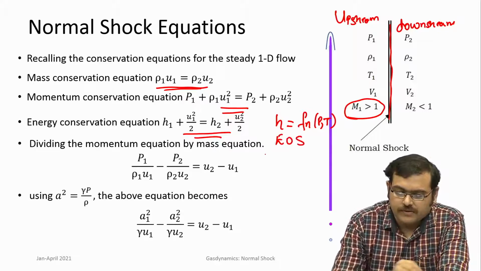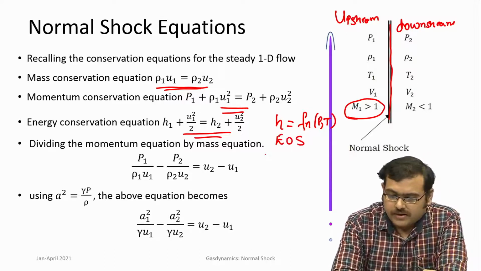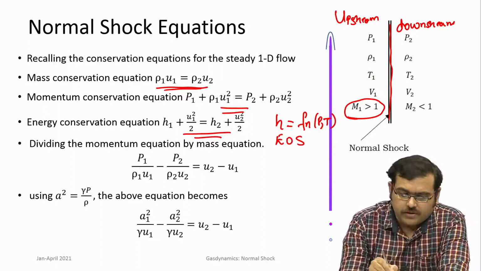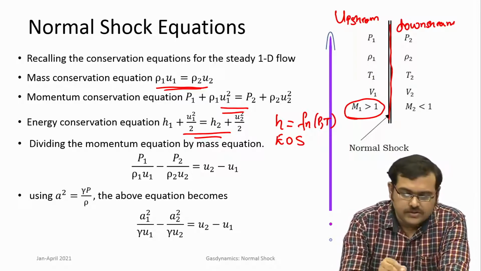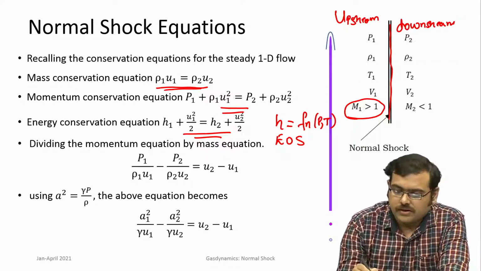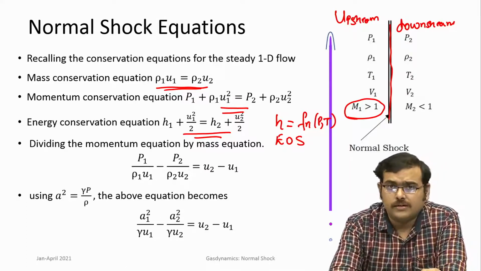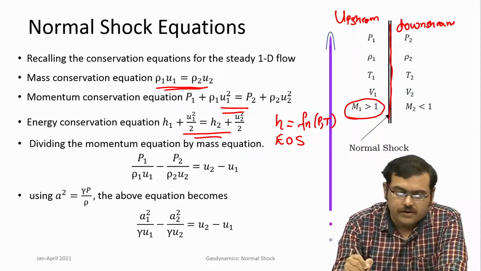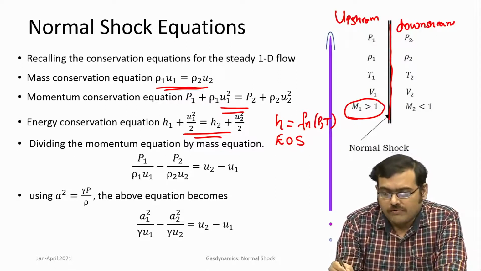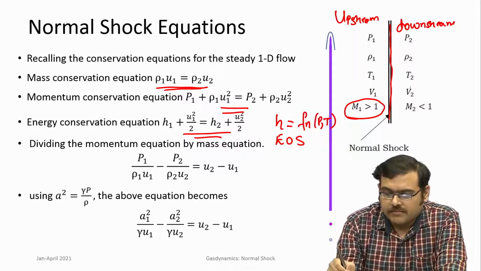So if you have these equations, you can solve them. Generally the upstream conditions are known: pressure, density, temperature and velocity. So we solve for pressure, density, temperature and velocity downstream.